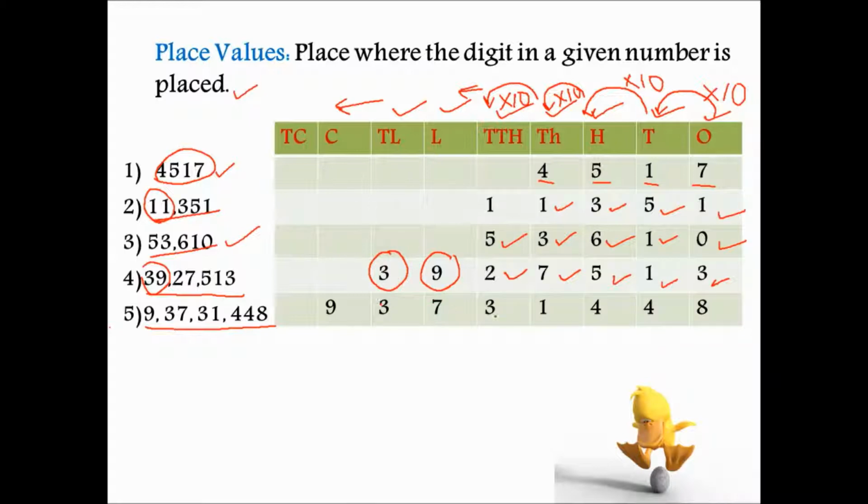Till the 10 lakhs place, it is similar to the previous number, but this number is bigger. It is crore, so we have to place this 9 in its crores place. Okay, so it's very easy.